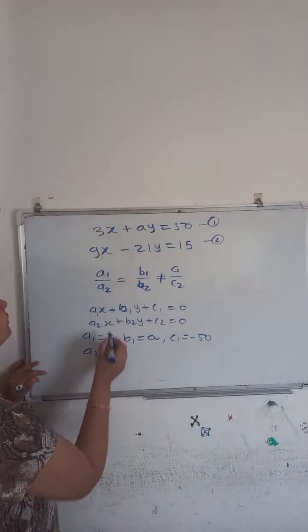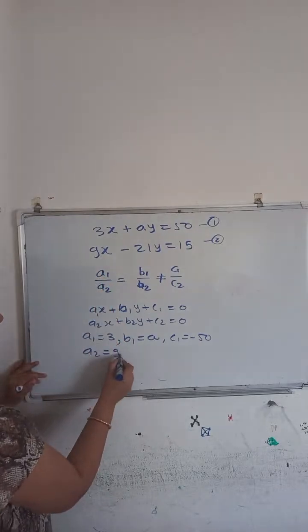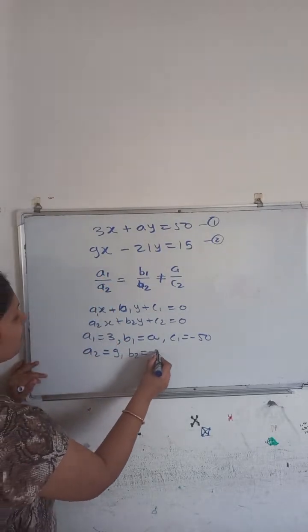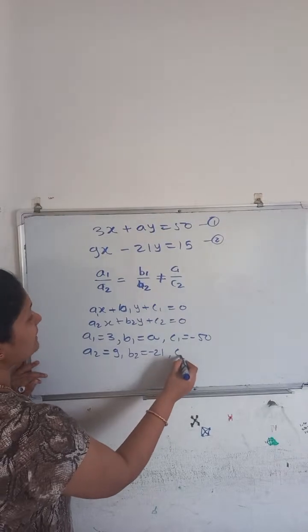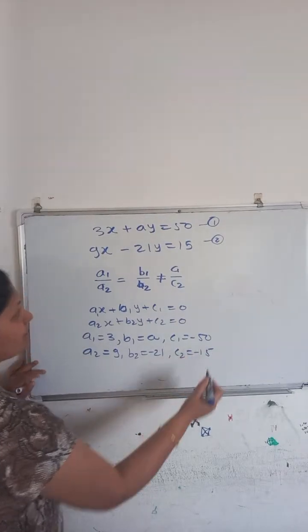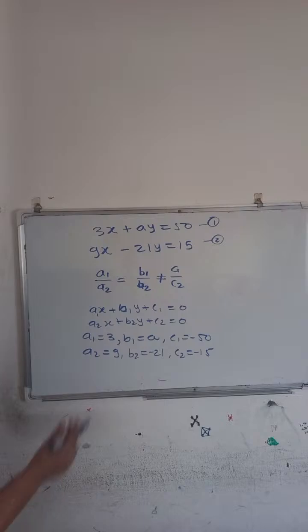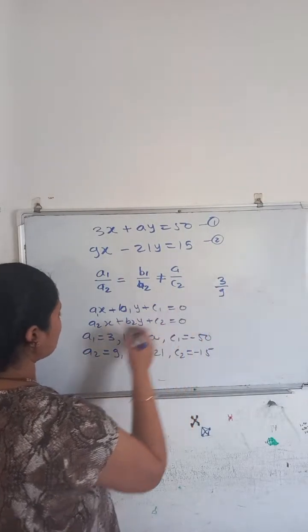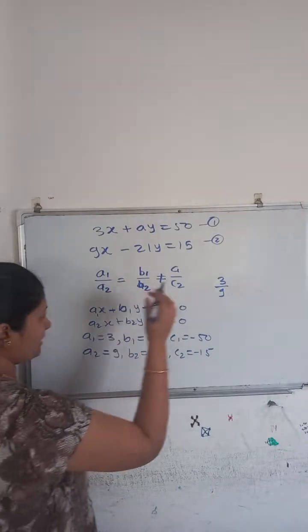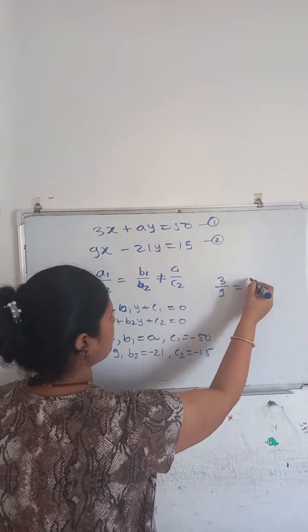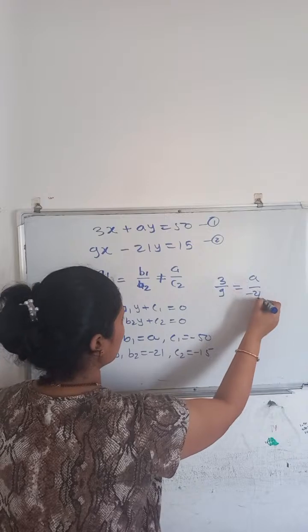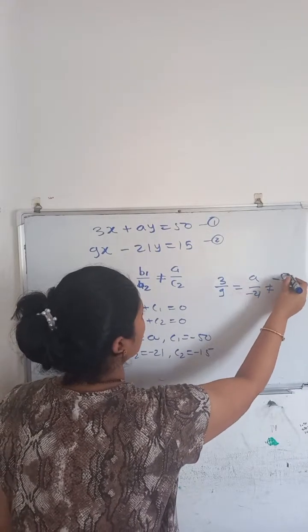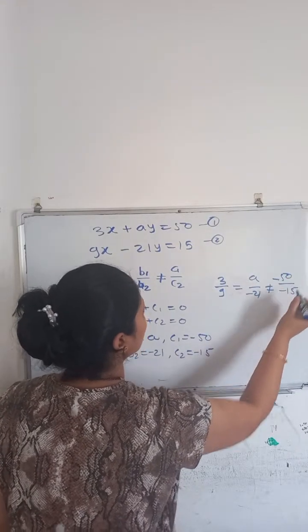Then a2 is 9, b2 is minus 21, and c2 is minus 15. Now we take the condition: a1 by a2 is 3 by 9, equal to a by minus 21, which is not equal to minus 50 by 15.